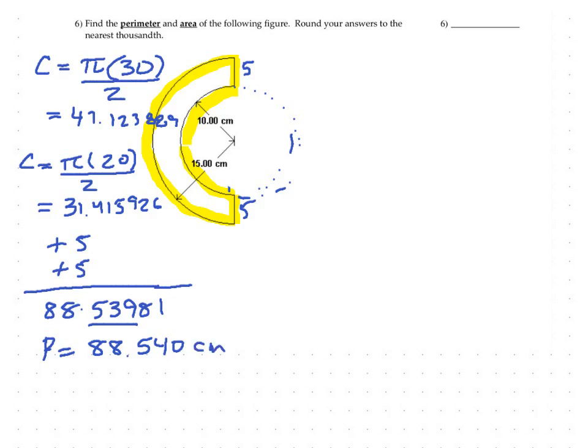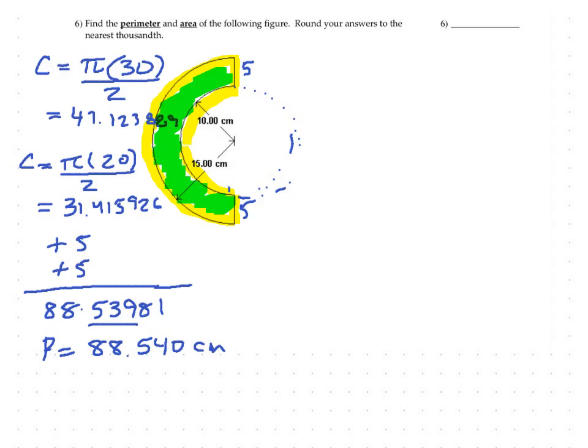That's the perimeter. To find the area, you have to think about the area between 2 lines. I want essentially, this time, the green space.